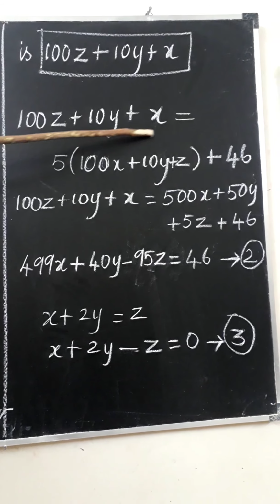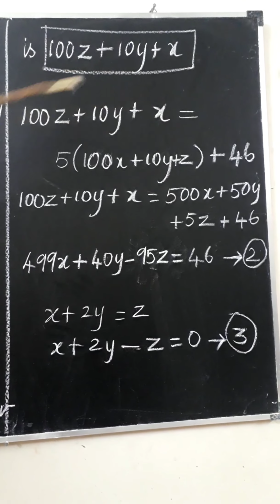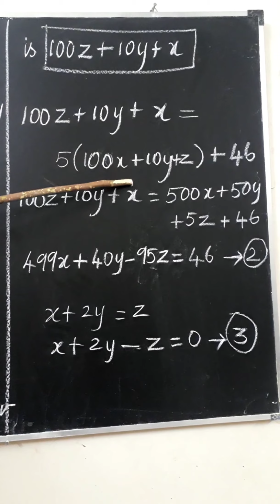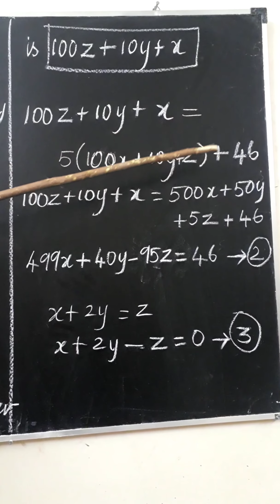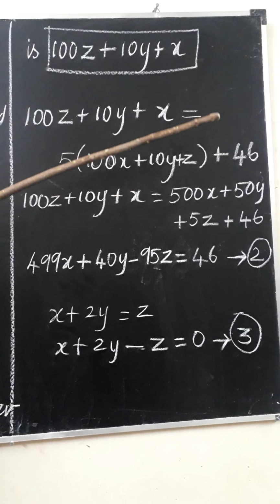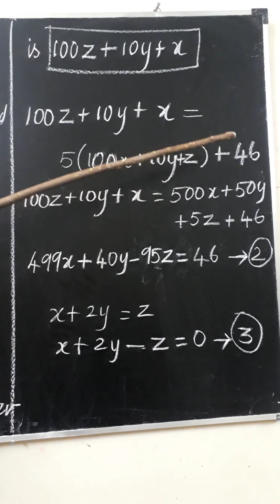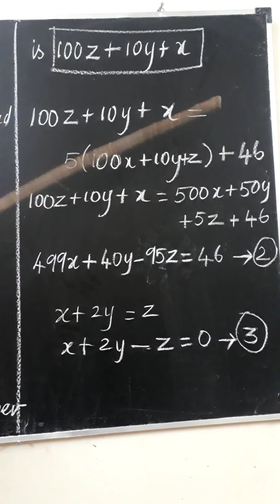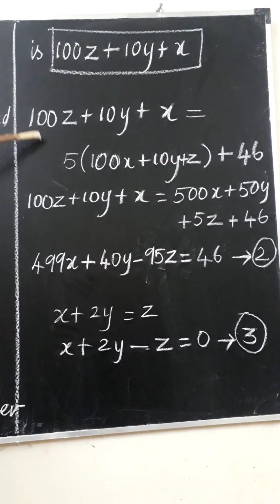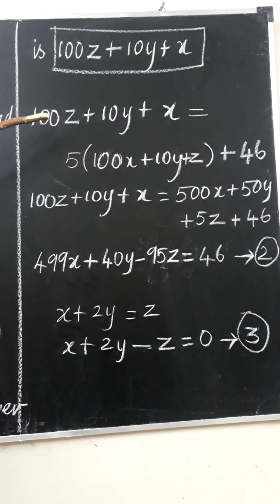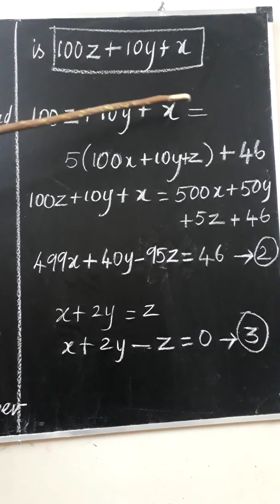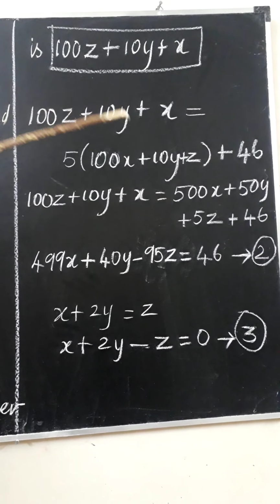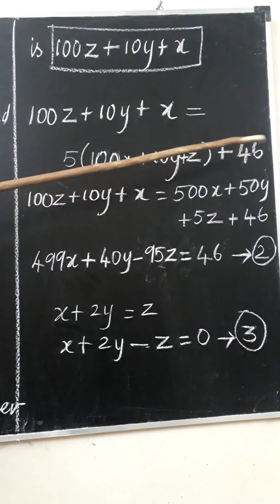So the new number is equal to 5 times the former number plus 46. Why I have added 46: it is given as more than. If it were less than, we would have to subtract. So once again, the number got by reversing the digits, the new number, is equal to 5 times the former number plus 46.